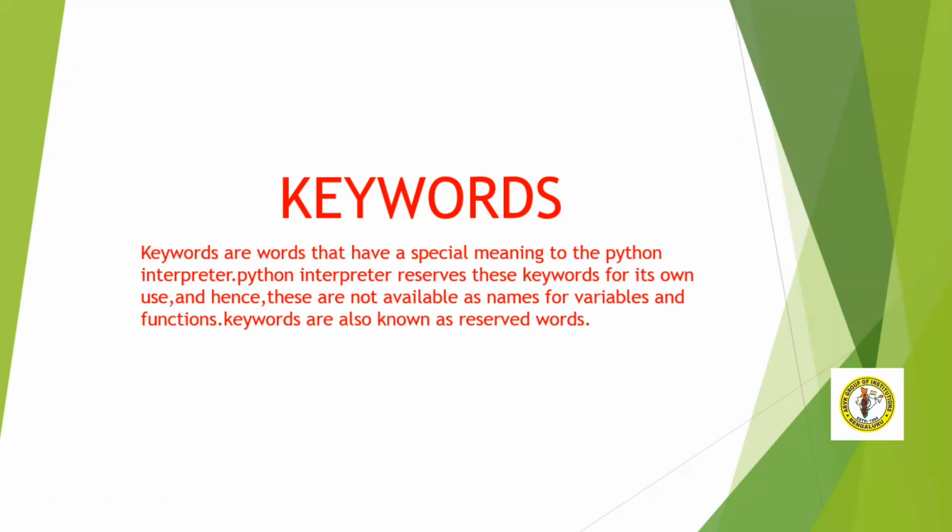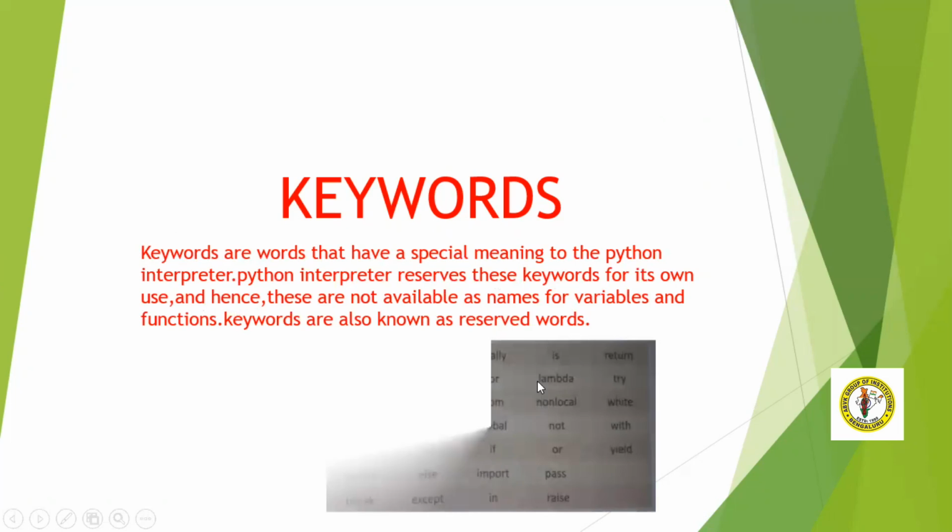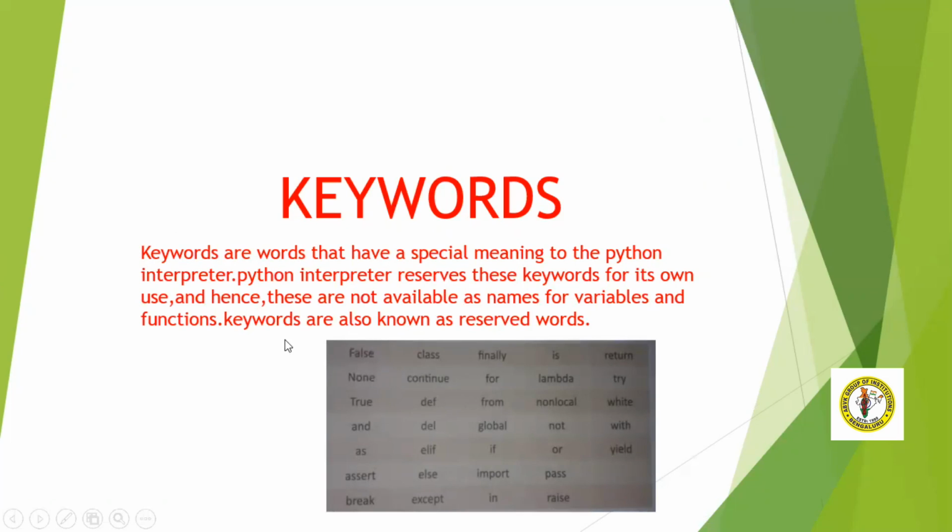It means I cannot declare a keyword as a variable name. This will be more clear through the following picture. This table consists of all the keywords. So I cannot declare false as a variable name because false has a certain meaning. I cannot declare class as a variable name. I cannot declare finally as a variable name, and so on.